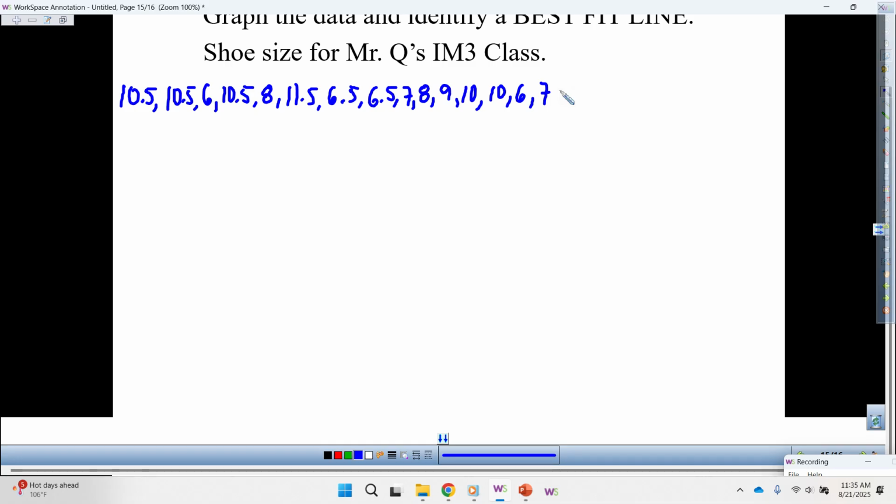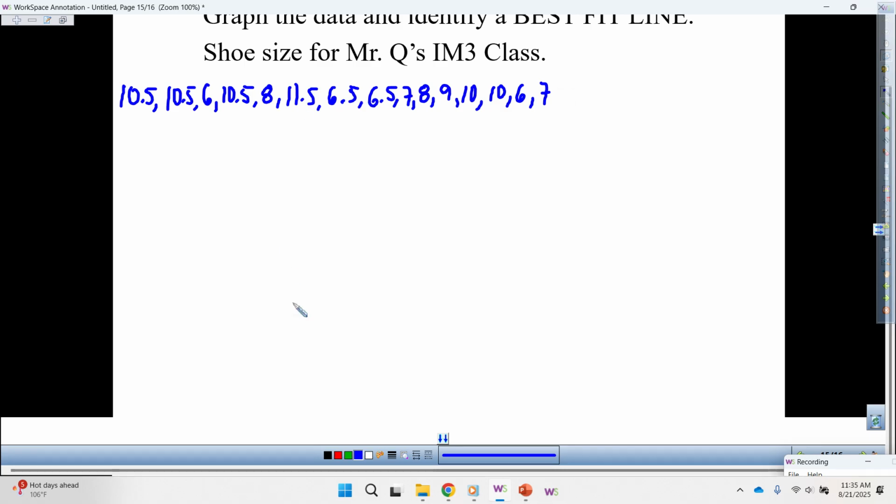Is that it? All right. So first thing I do is organize all my data, just the numbers themselves. So like that, we can get rid of all the initials, but the reason I have you get initials is so you can have the data to know where you pulled that from.